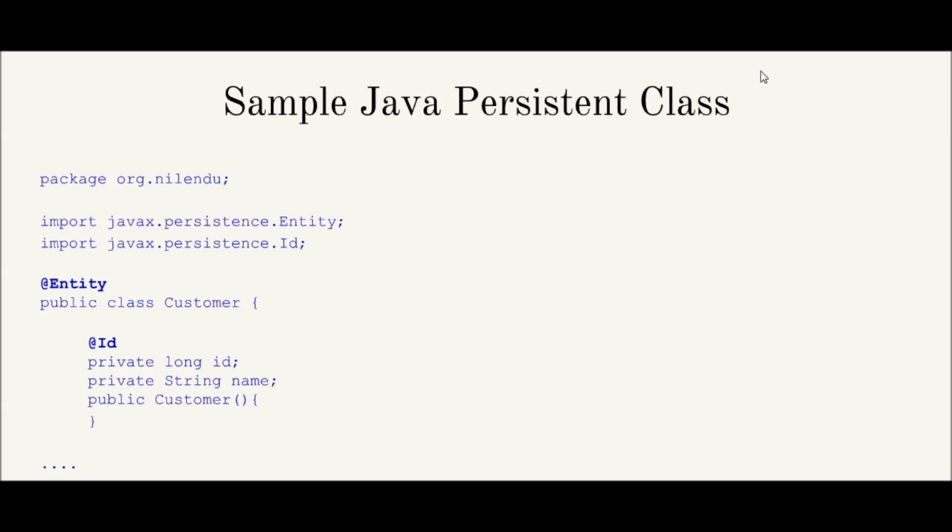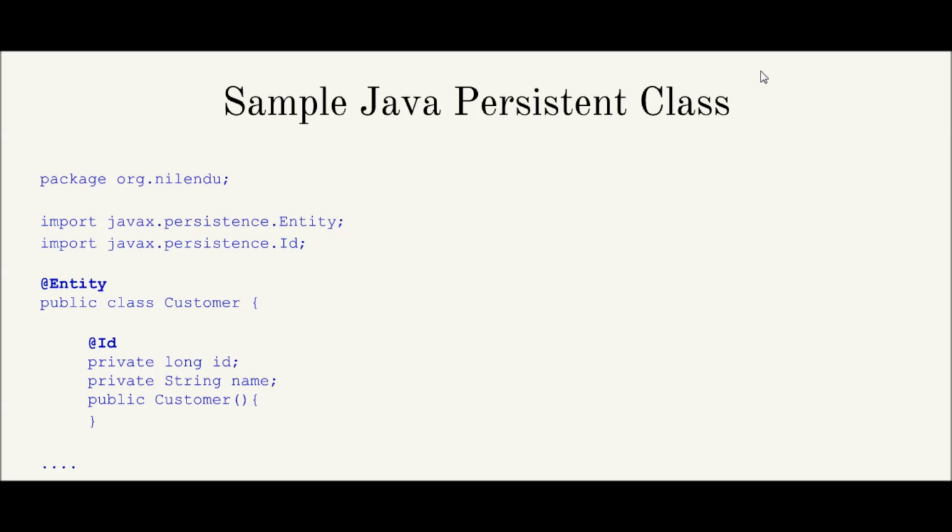So this Entity annotation tells JPA that it has to manage this class for its database transactions or database related activities. Similarly, there is one more annotation called Id, and this annotation tells JPA that this Id field is mapped to the primary key of the table, which is mapped to the Customer class.